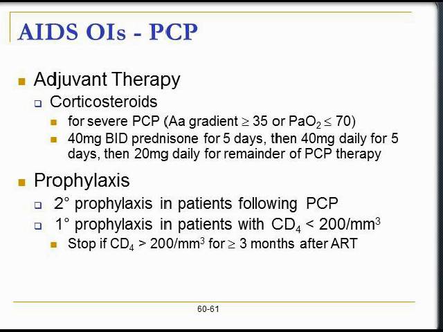So keep in mind there are these rules for each of these disease states, and those could be questions. So watch those rules. Stopping therapy for CD4 count more than 200 for more than 3 months.